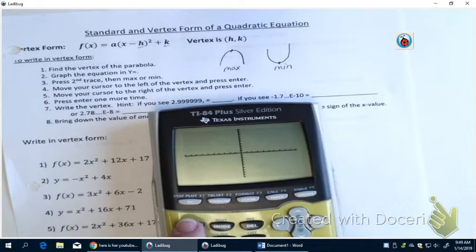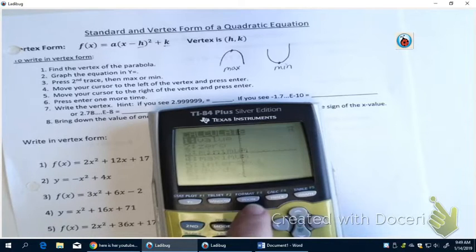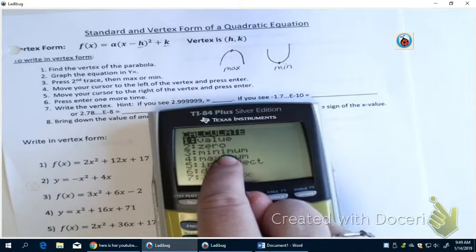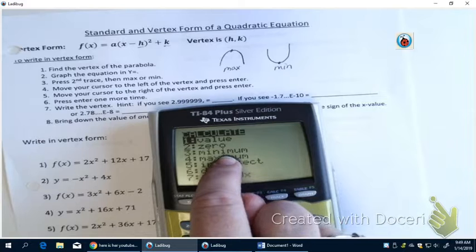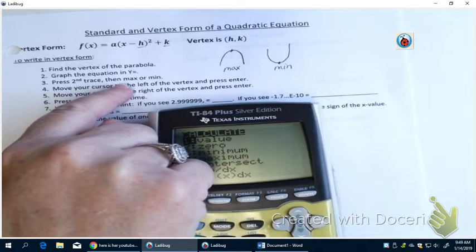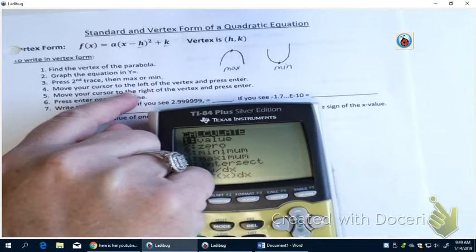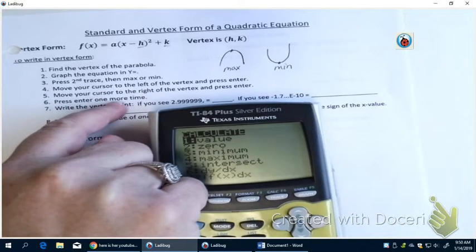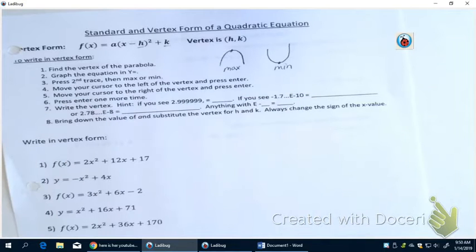So you press second, the blue button, trace, and then you have to pick whichever one it is based on the graph. Once you pick that, then you're going to be moving your cursor to the left of the vertex and then the right of the vertex, and then you're going to press enter, and then you'll see the vertex.